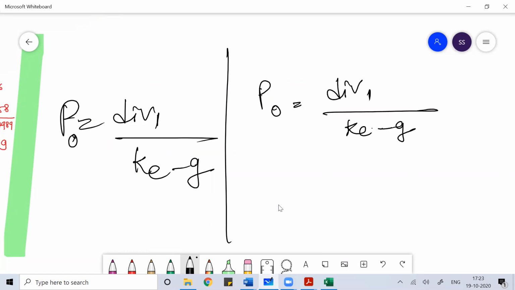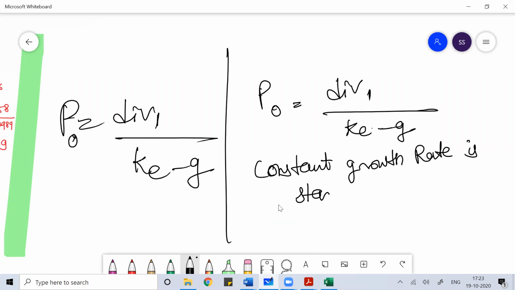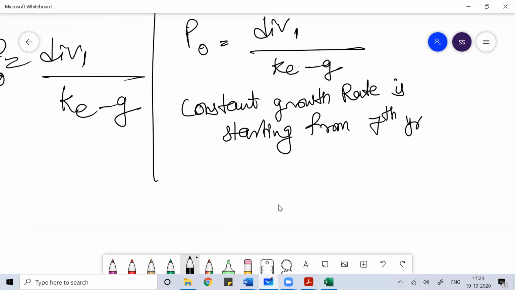You have to understand that in this problem the constant growth rate is starting from the seventh year.